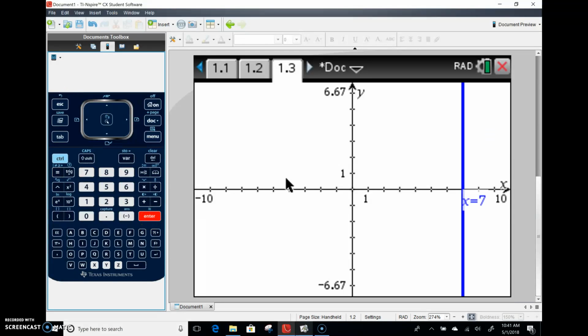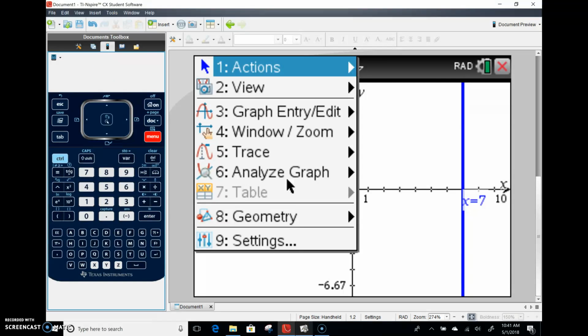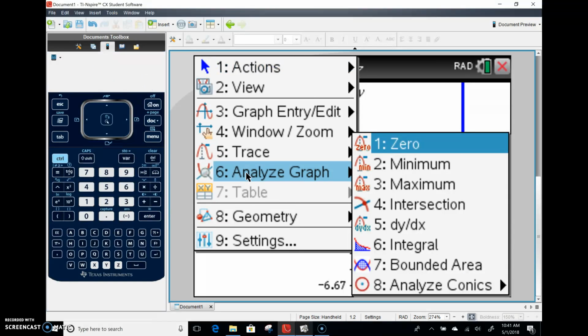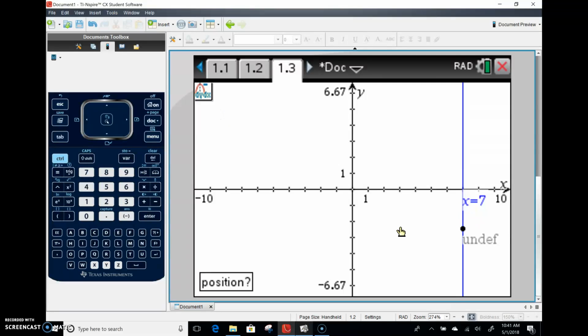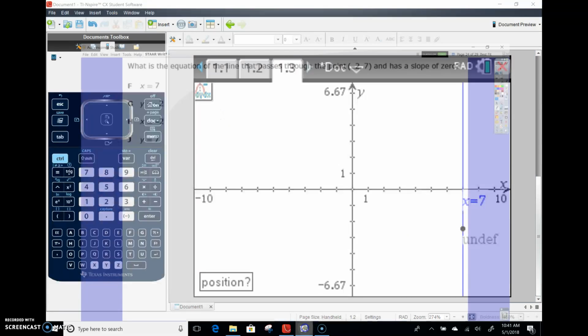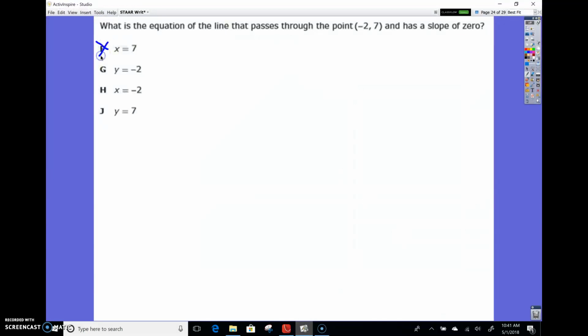If you look at that, this is a vertical line. Vertical lines have an undefined slope. It's not a 0 slope. But if you do not know that, you can go to analyze graph, dy dx, see how it says undefined. Okay, so we know this is wrong.